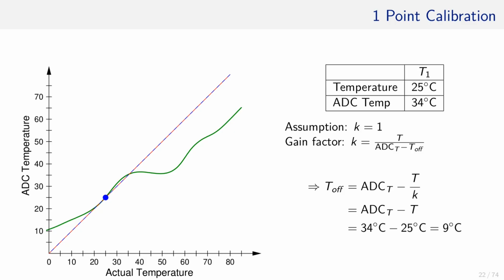Instead of 21.15 degrees Celsius, like in the previous example in which we had 2 points, T-off equals 9 degrees Celsius in the 1-point calibration example. Therefore, we subtract 9 degrees from all measured values in the hope that we get closer to the red line.